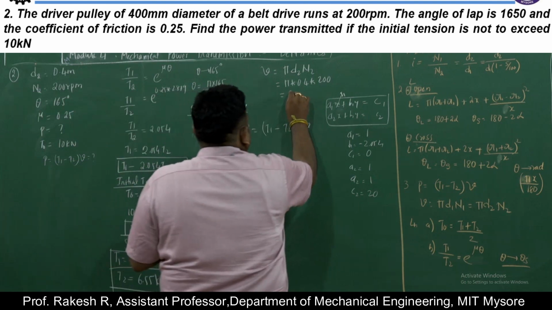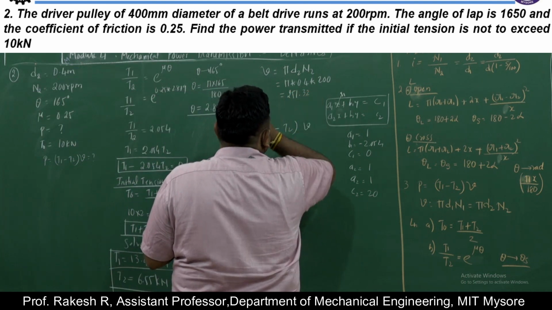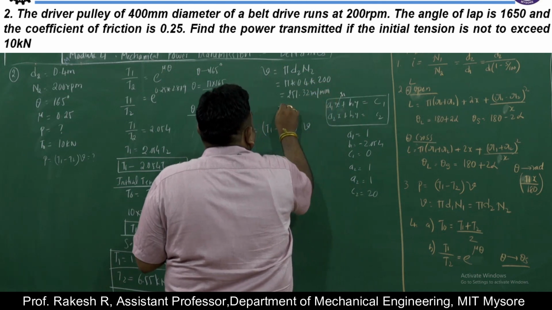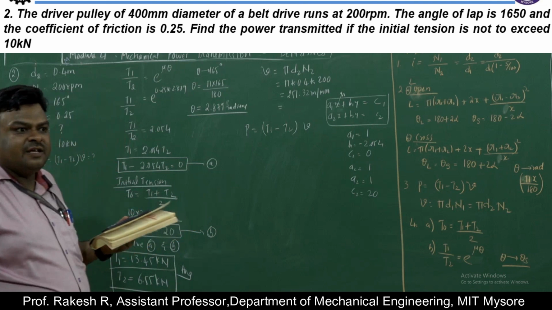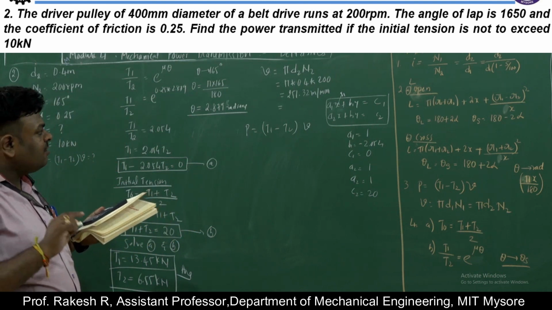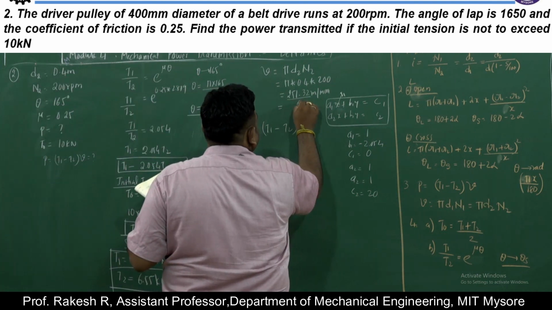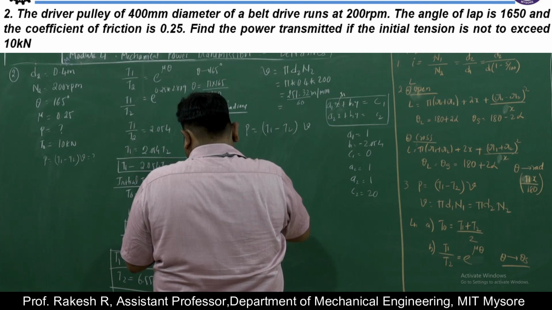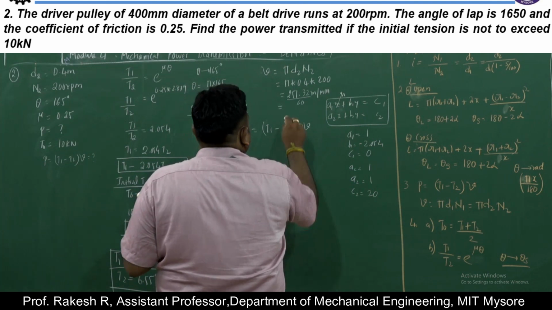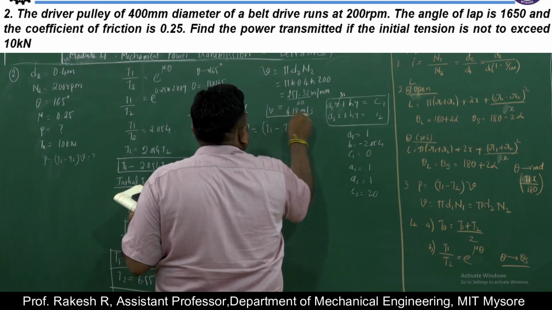It is 251.32 meters per minute, because N is in rpm and D is in meter. If you want to convert to meter per second, divide by 60, then it will be 4.18 meter per second. This is the velocity.